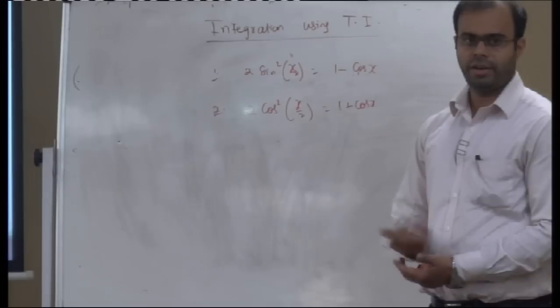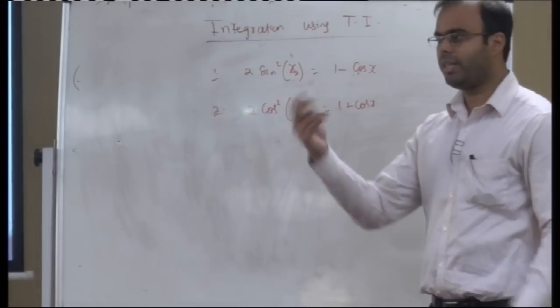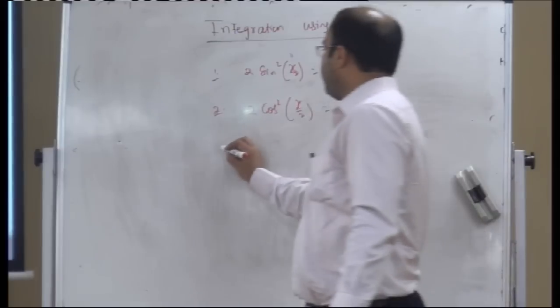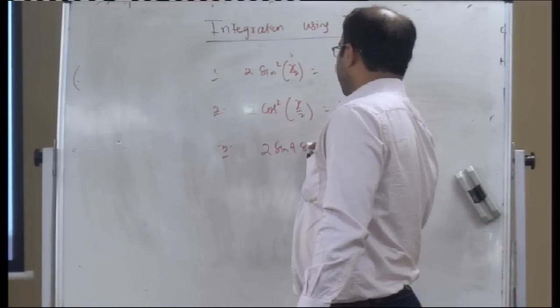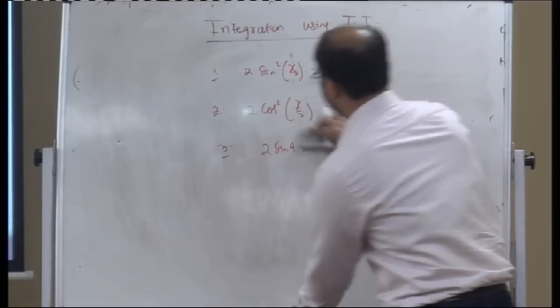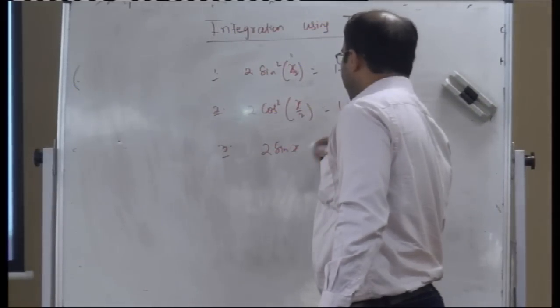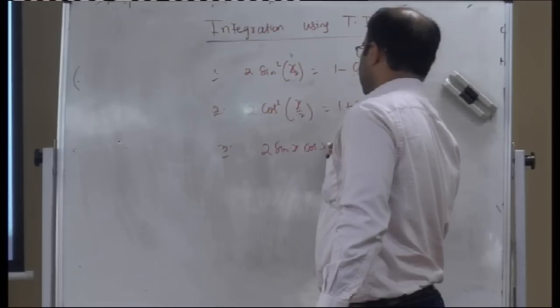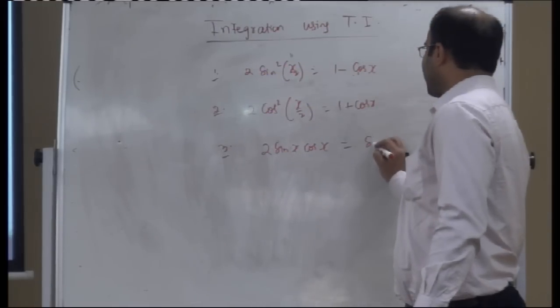These are all derived formulas. Cos x is cos square x by 2 minus sin square x by 2, and from there we derive this formula. If you have, let's say, 2 sin a sin b, you can write it like this, 2 sin x and cos x. First let us take this one. 2 sin x cos x you can replace as sin 2x.